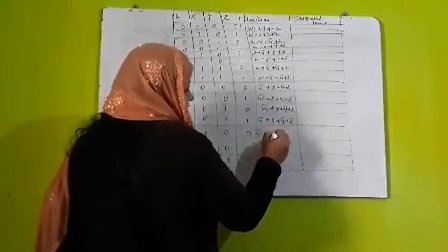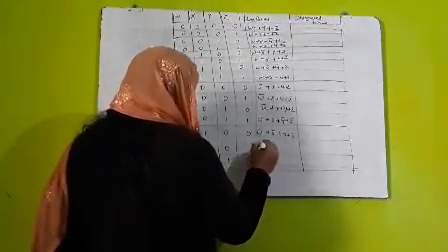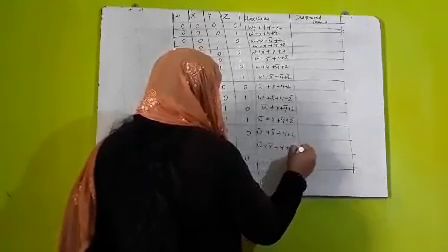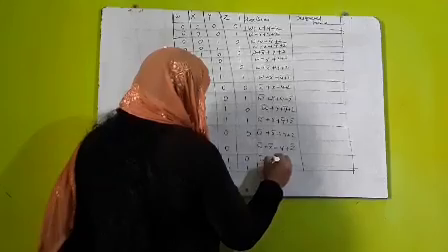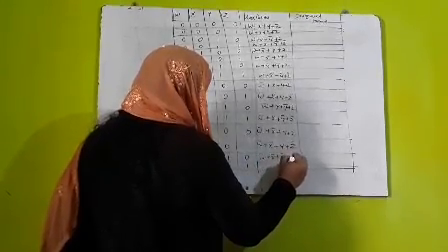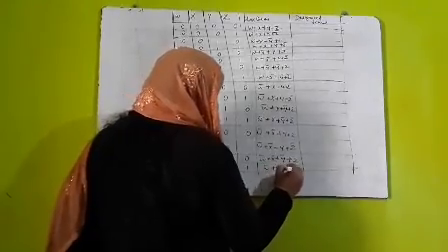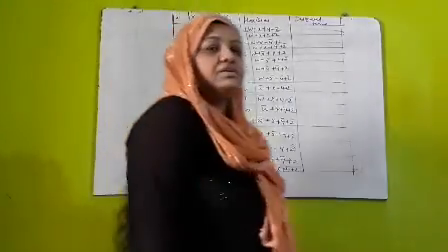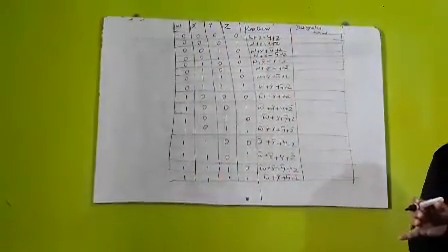W bar plus x bar plus y plus z. Then w bar plus x bar plus y plus z bar. Then w bar plus x bar plus y bar plus z. W bar plus x bar plus y bar plus z bar. So where there is a 1, you put a bar. Where there is 0, write it as it is.